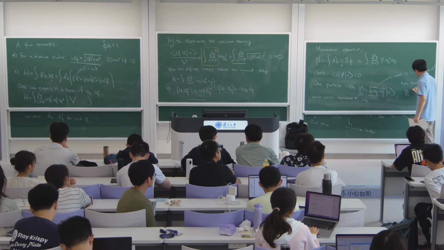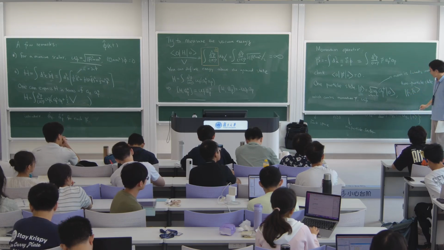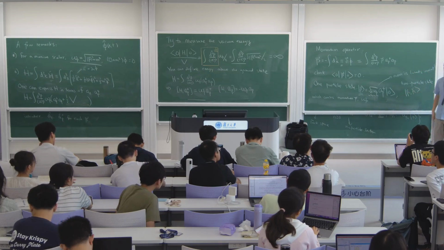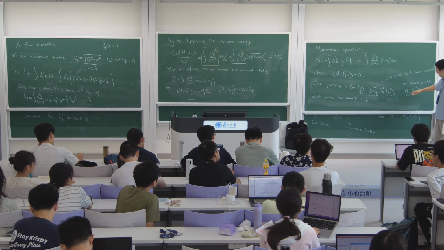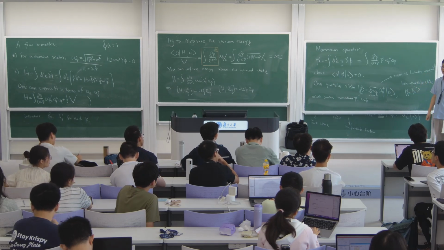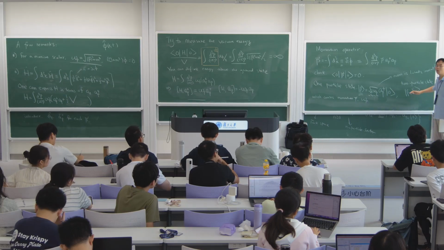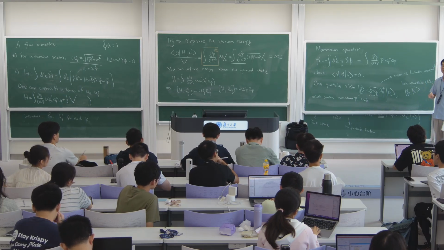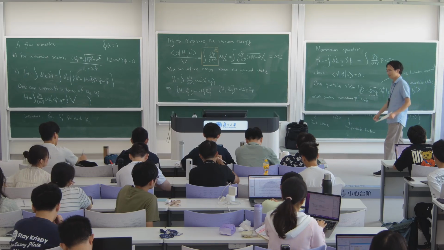Then I can also check the energy and momentum for the 2 particle state. Then you realize that the energy of the 2 particle state is omega_p1 plus omega_p2, and the momentum for this 2 particle state is p1 plus p2. Then you realize that this is really a two particle state because it passes this check.